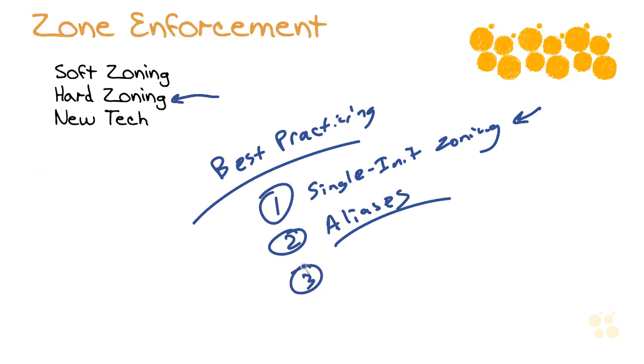The third zoning best practice recommendation I could give you is taking your zone administration and confining it to one Fibre Channel switch within a given fabric. This ensures that there's no possibility of activating an incomplete zone set.